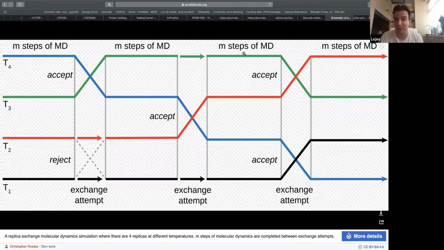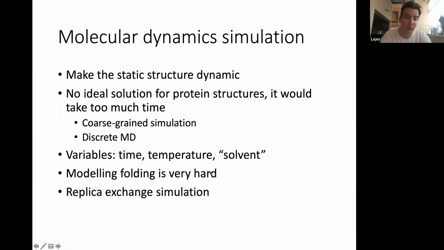So with those folding funnels we saw before, even if they fall into a local minimum, they will have a chance to go up to a higher energy level and come out of that minimum, and they will have a chance to go down a normal path. So you are actually sampling the whole folding space much better with replica exchange simulation. It's a bit longer, but it's not extremely long.